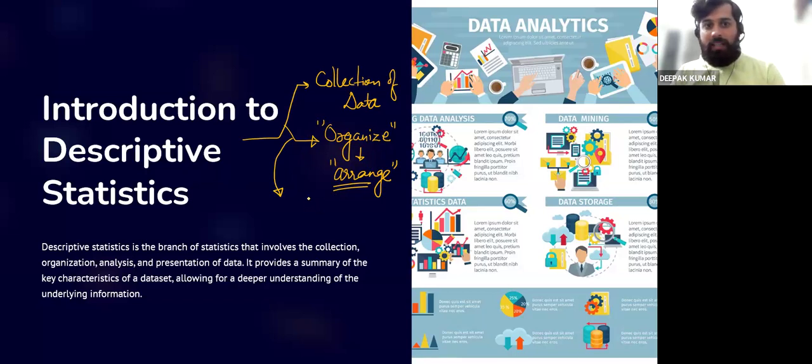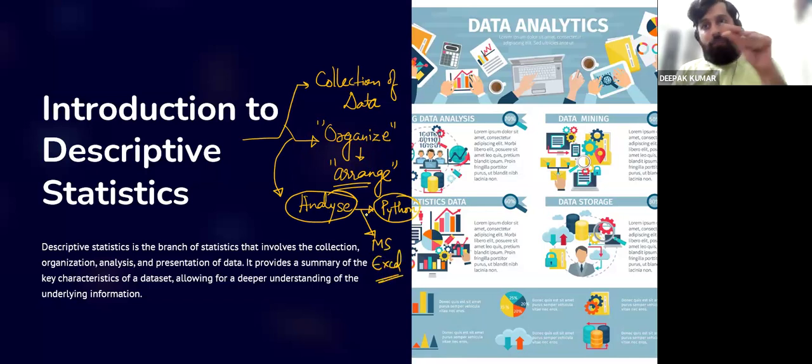You will have to analyze that data. You have two options: either you analyze via Python, or you may use Microsoft Excel. These are the two ways to analyze the data at this time, but there are many other ways. And finally, when you have analyzed the data, what shall you do with it?